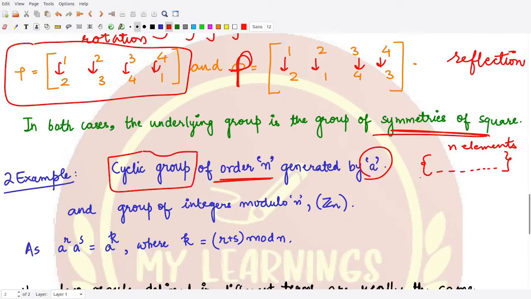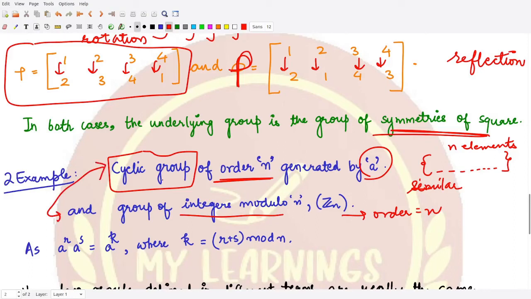This group is similar to the group of integers mod n, because here also the order of the group is equal to n, and after n the elements repeat themselves, so it also acts as a cyclic group. Why are the two similar to each other?